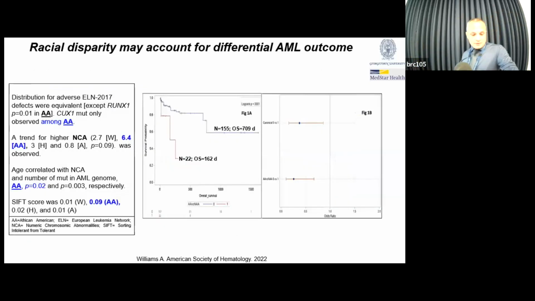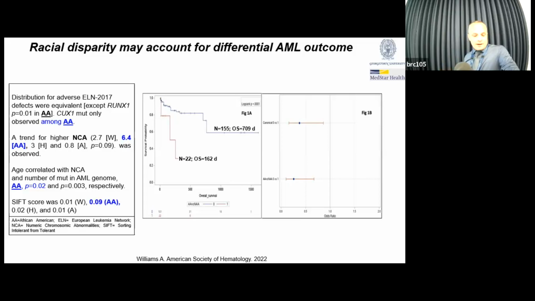Then in conclusion, you can see that the distribution of the ELN 2017 molecular defects favors the African-American patient. They have an excess in RUNX1 mutation, which is an adverse mutation. And then we start observing very small but frequent mutations in DNA repair mechanism enzymes, including CHEK1.